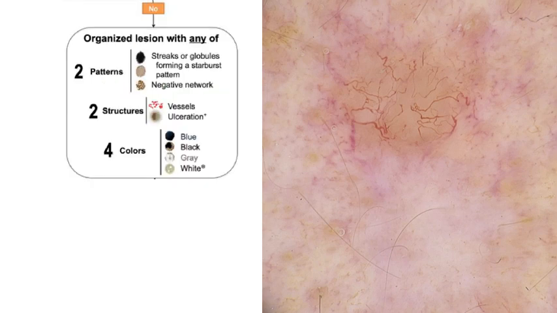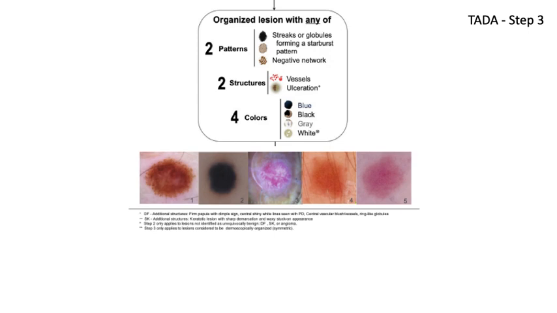And the third step consists of answering if the lesion demonstrates any of these structures, any of two patterns, like streaks or globules forming a starburst pattern or a negative network, any of two structures including vessels of any type or any morphology or ulceration, or if the lesion reveals any of four colors including blue, black, gray, or white in any structure.